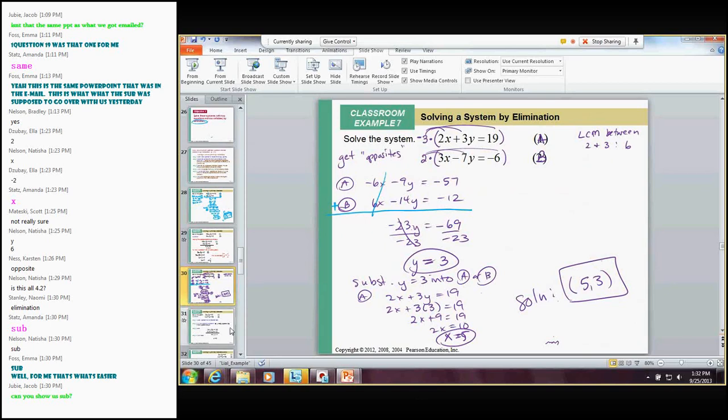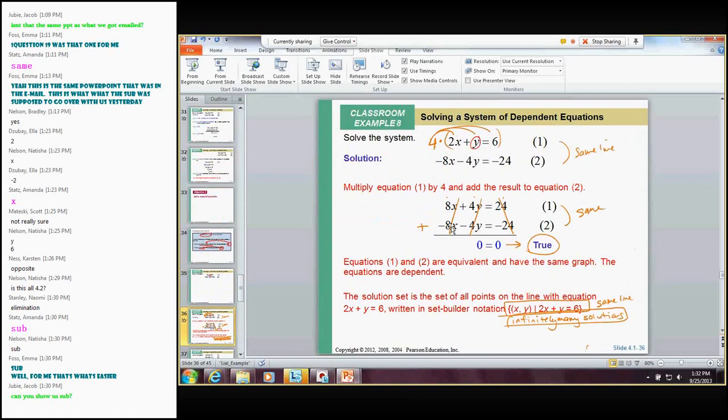So you could just multiply the one equation then? As long as you get the opposite. See how this is -8 down here already? We only had to get 8 up here so that they're opposites. So sometimes you only have to multiply one equation. Good question.